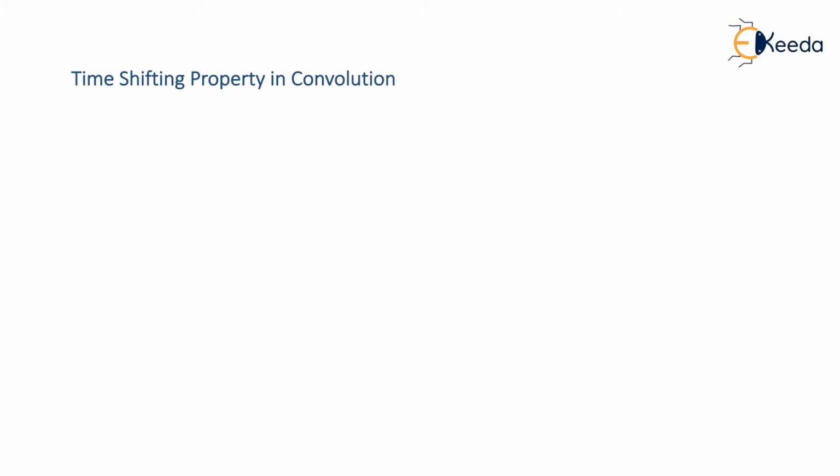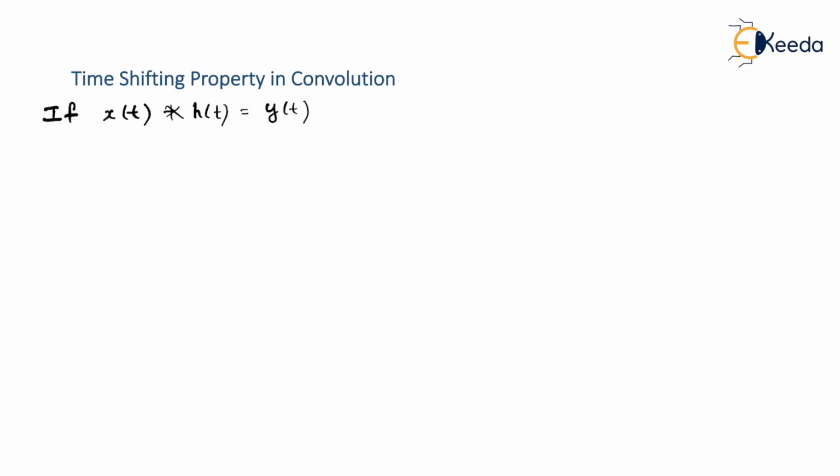This property is very important. If you understand this time shifting property, then it is easy for you to understand the problems based on this concept. Let us begin. If we say that x of t when convolved with h of t is simply y of t, where x of t is an input, h of t is an impulse response, and y of t is obviously output.